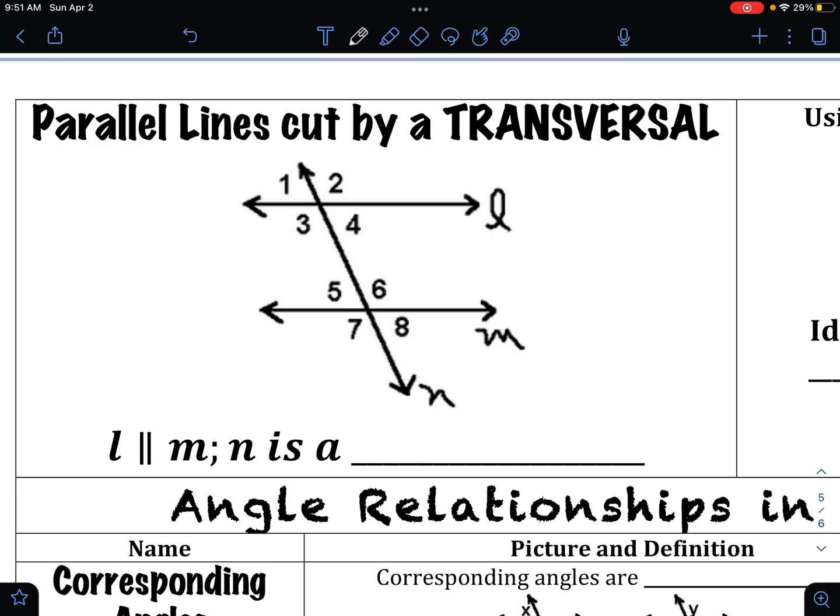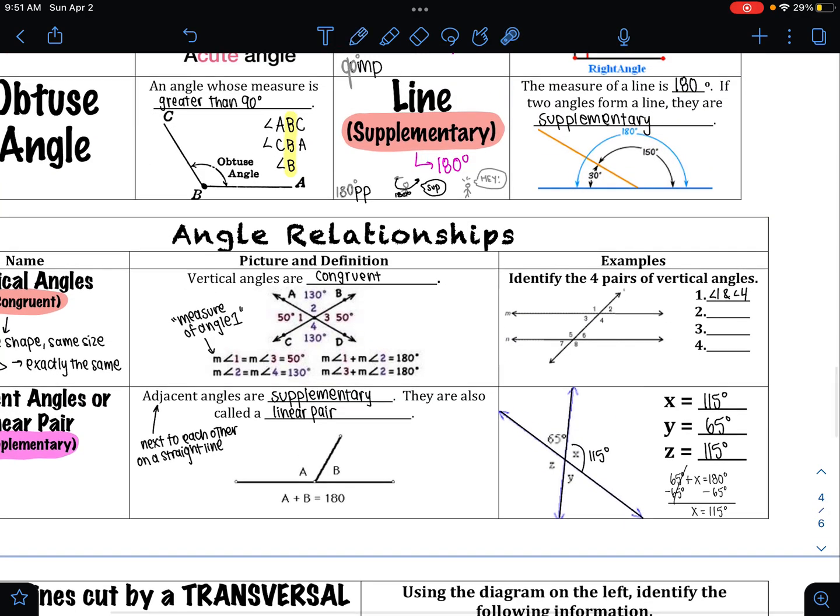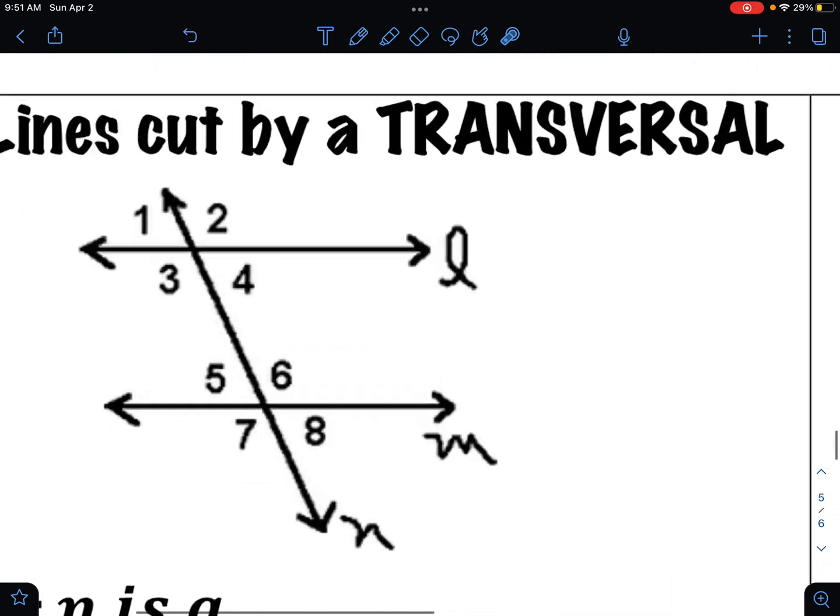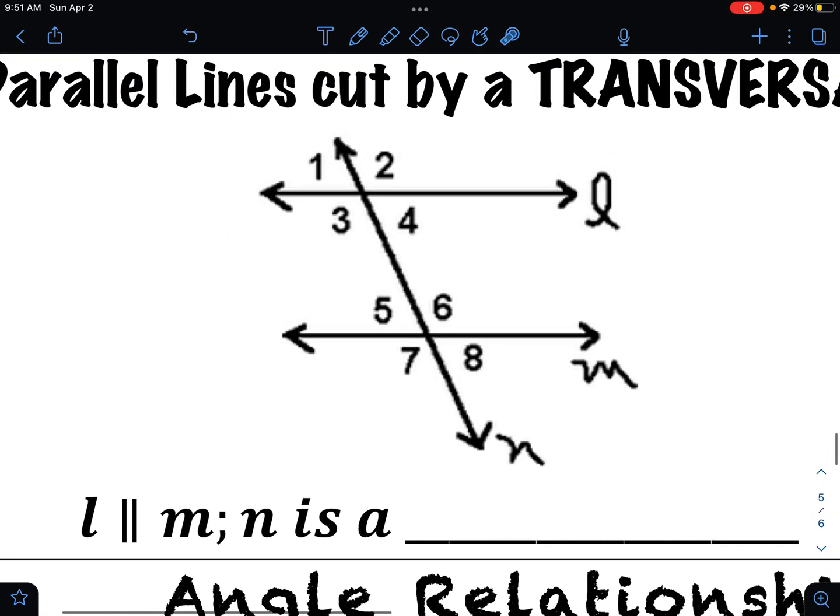So I was talking about this with this example. So L and M are parallel in this picture. They are parallel lines. That's what this is saying. That double line says is parallel to. So L and M are parallel lines.